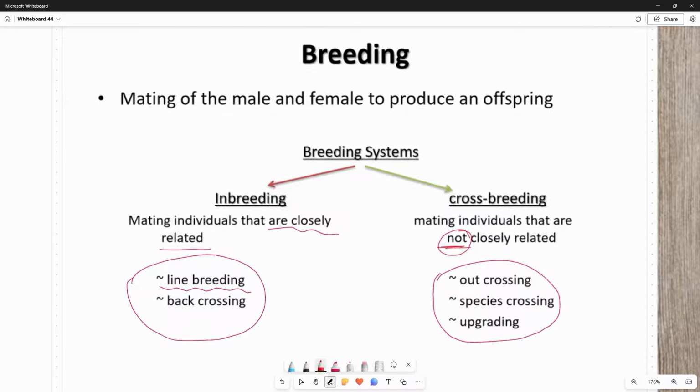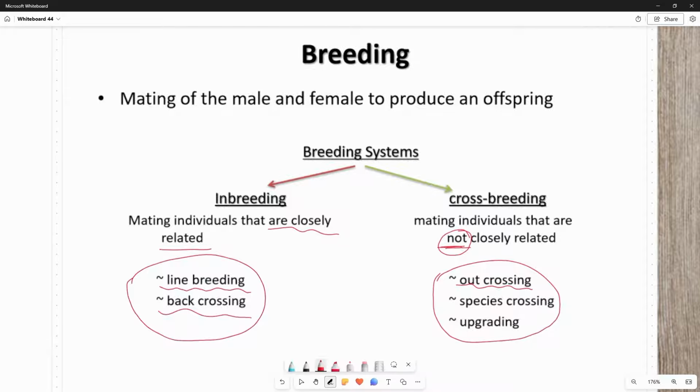So once you have the daughter or the son, in this case your male bull, crossing with the grandmother, that one is called back crossing. But remember, these organisms are closely related. Then we come and talk about outcrossing now. Outcrossing: you have two breeds of the same species, but different breeds.